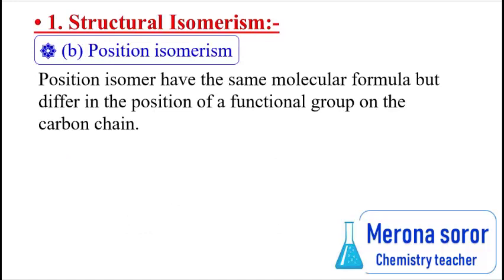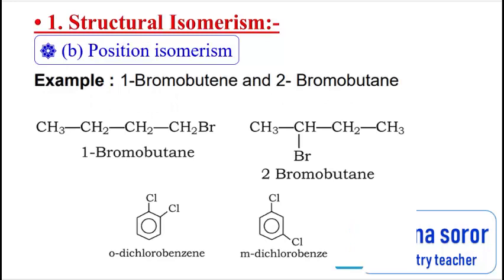Position isomerism. Position isomers have the same molecular formula but differ in the position of a functional group on the carbon chain. An example of position isomerism is 1-bromobutane and 2-bromobutane. In front of you, the 2 molecules, each of them contains 4 carbon atoms.